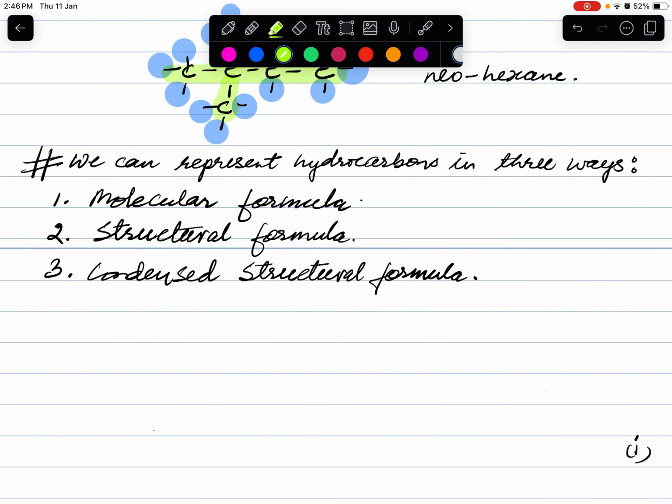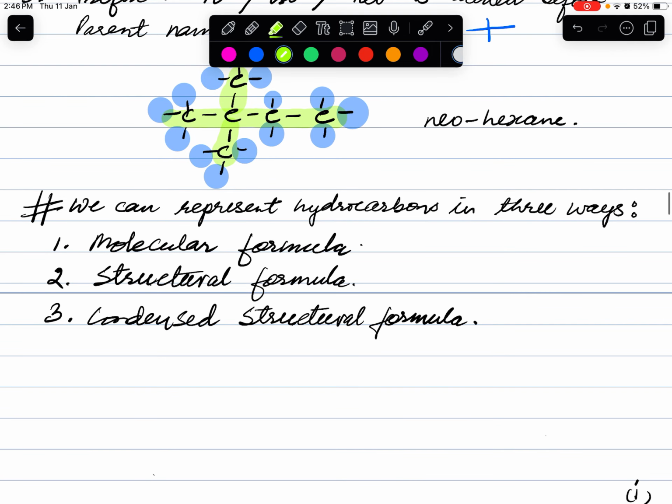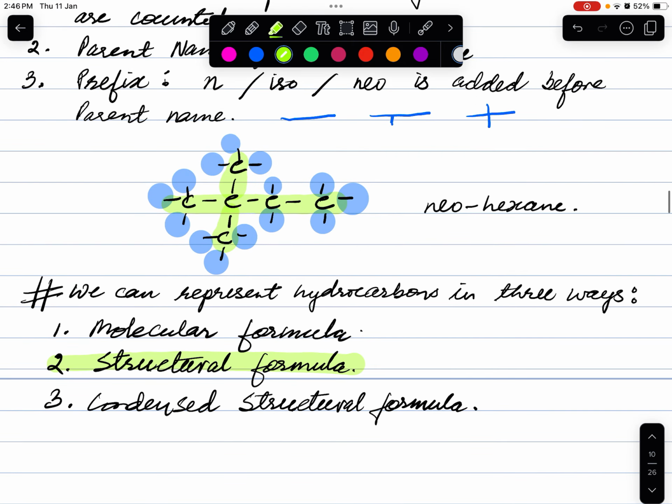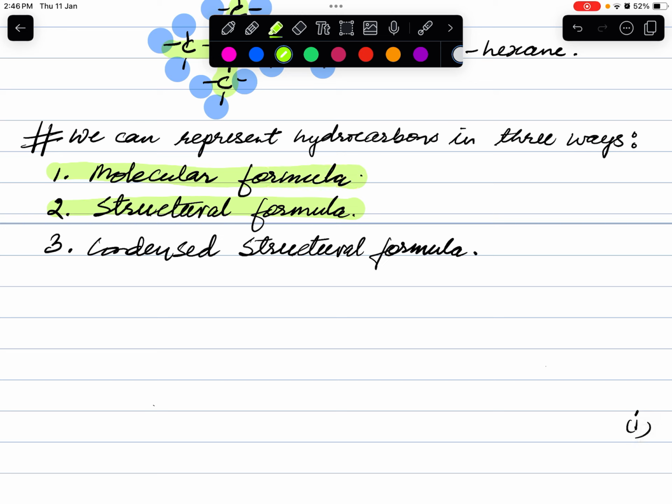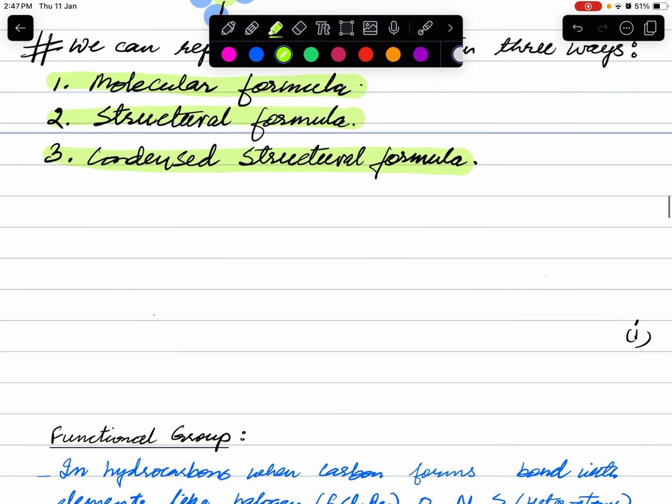Now till now, whatever structures I have shown you are structural formulas. We will open up the chain, show all carbon atoms and all hydrogen atoms, and the same compound can also be given by the molecular formula. In addition to molecular formula and structural formula, we have one more, which we call the condensed structural formula. So what is the difference between the three? For example, we write this compound as C3H8.